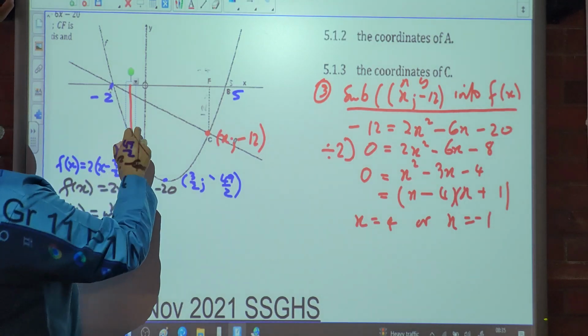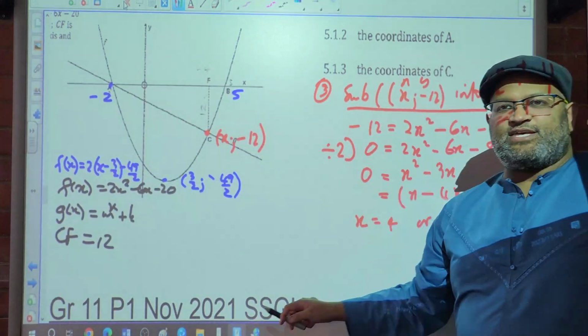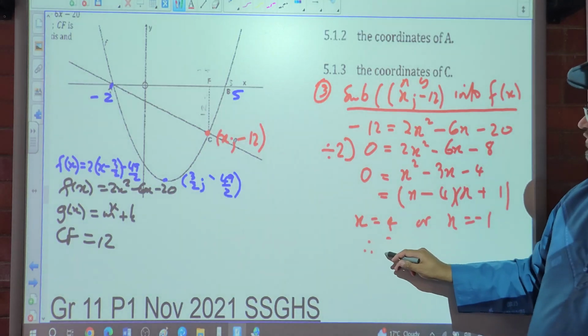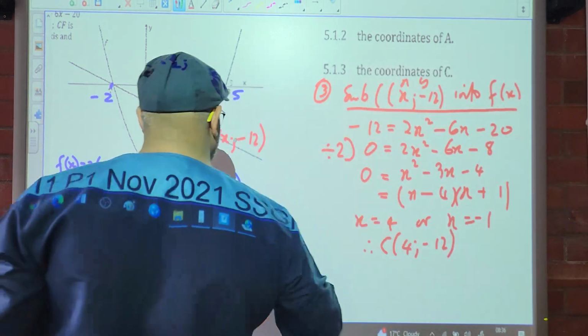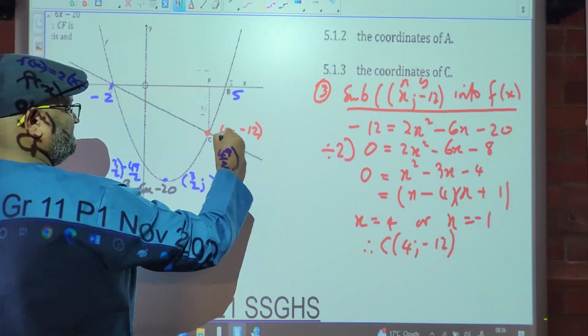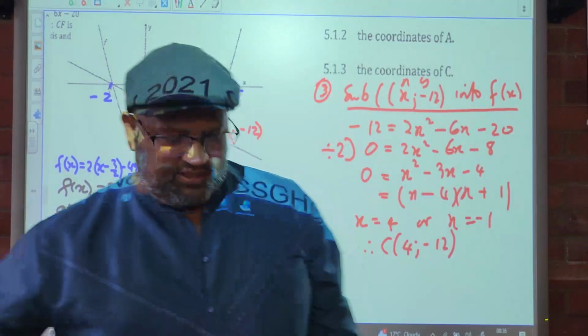Not so? So which one of the two is it? There has to be the 4. You all agree with that? Therefore, C is going to be 4 and negative 12. Alright, let's look at the next question.